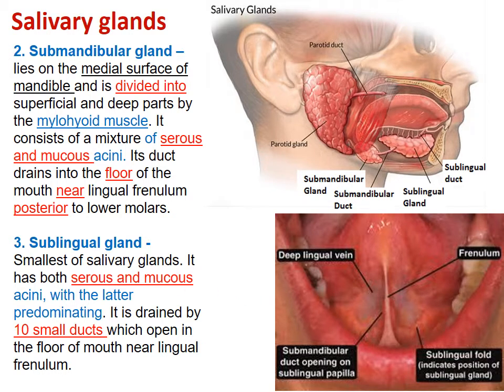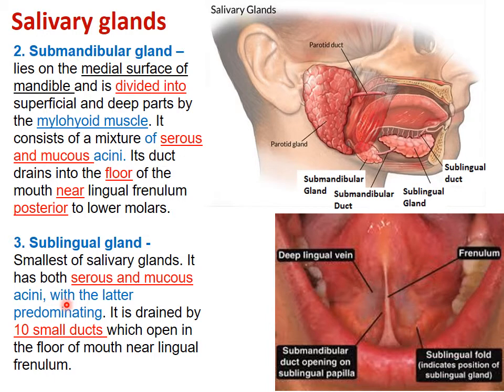Then we have the sublingual gland. As the name indicates, it is below the tongue. It is the smallest salivary gland. It has both serous and mucous acini, same as the submandibular, but the parotid only contains serous. Acini are the glandular part of the gland.